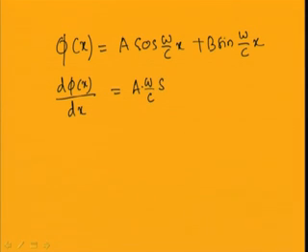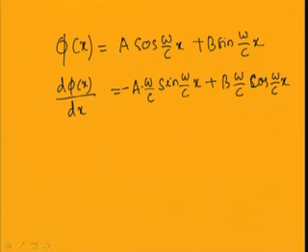So, if you differentiate this, it becomes sin(omega/c x) plus B times omega/c times cos(omega/c x). So, for x equal to 0, d phi(x)/dx equal to 0.